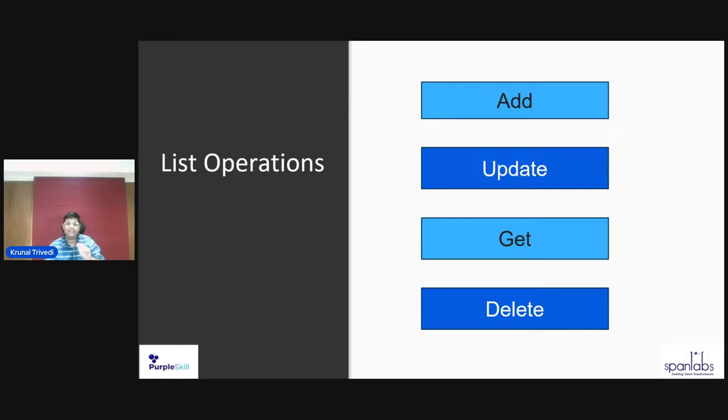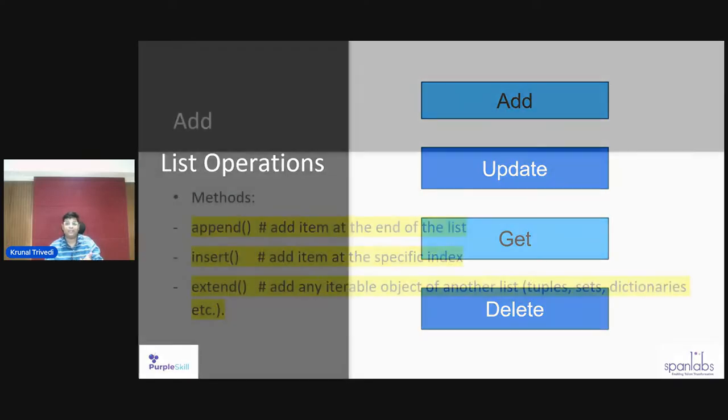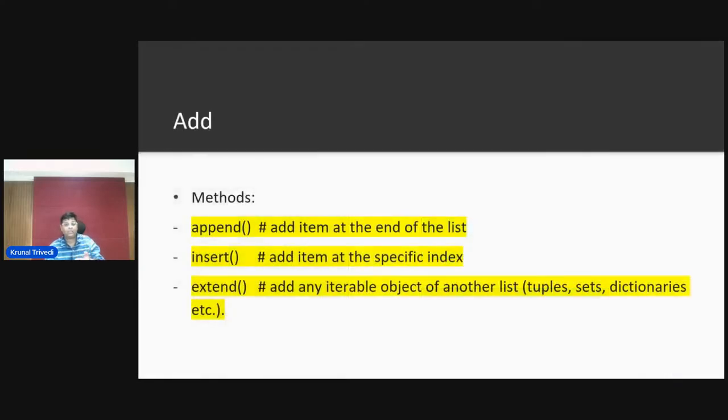Again, to add the list element, we have various methods. For the add operations, we have methods like append, insert, and extend. What is the append method? As the name suggests, it adds the item at the end of the list. What is insert? The insert method adds an item at the specific index.